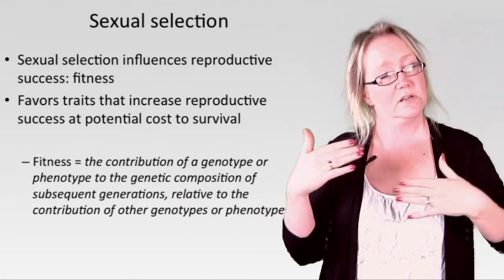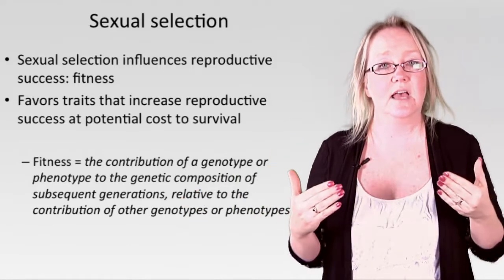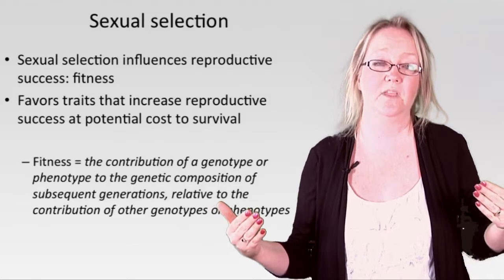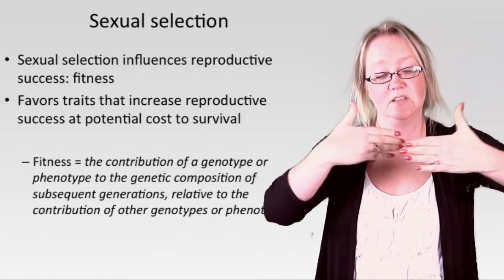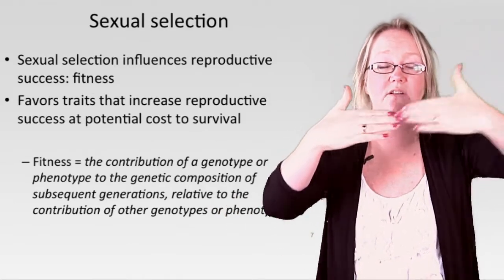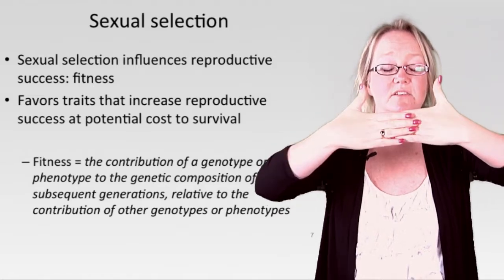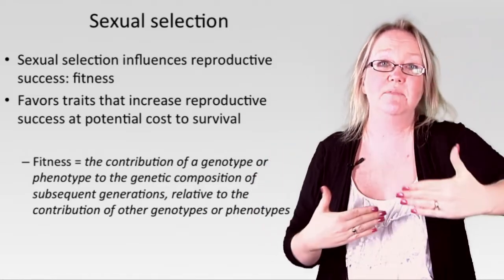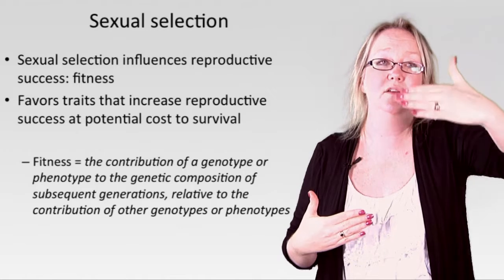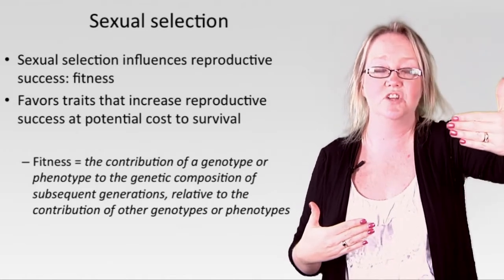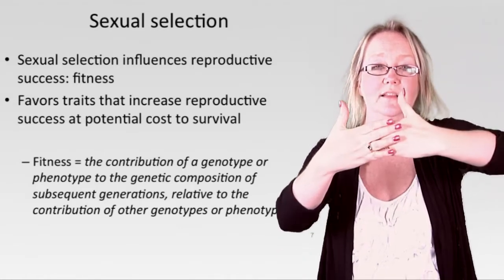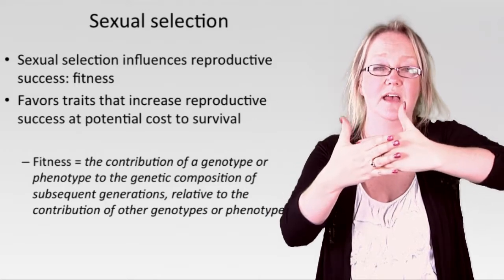So Darwin was looking at natural selection and at traits that led to better survival. Sometimes sexual selection and natural selection are kind of fighting each other, because during sexual selection there may be traits that are selected in order to get genes into the next generation that actually may detrimentally affect the survival of that organism.